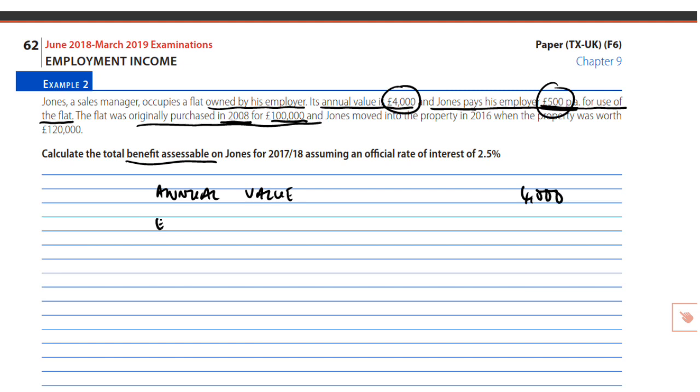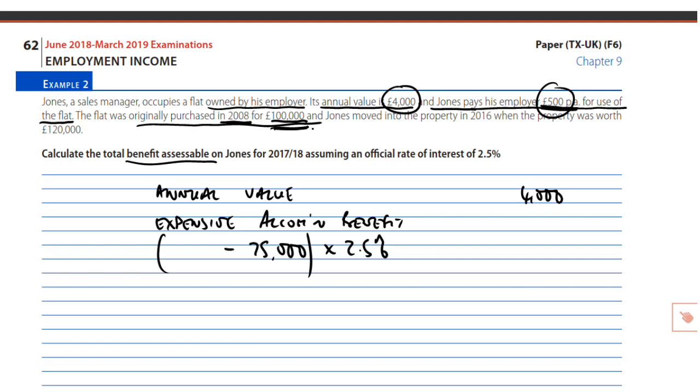We now know that there will be an expensive accommodation benefit as well, and that will be something minus 75,000, the cut-off limit, times 2.5%, the official rate of interest here. The question is, what is that something going to be?